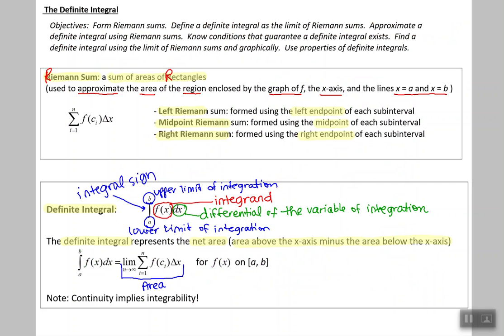So it's important that we take note that the definite integral is not a representation of the area of the region, it's the net area of the region. Not the area, but the net area, or the area above the x-axis minus the area below the x-axis. It's also important that we note that if a function is continuous, then we will be able to take the definite integral. Continuity implies integrability.